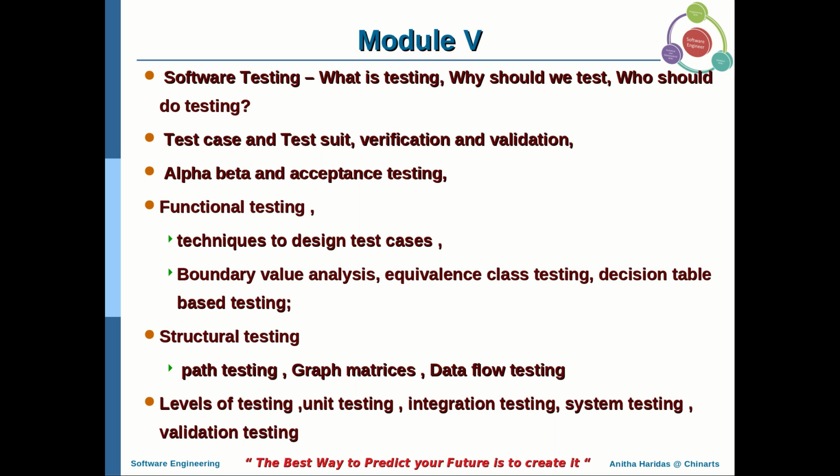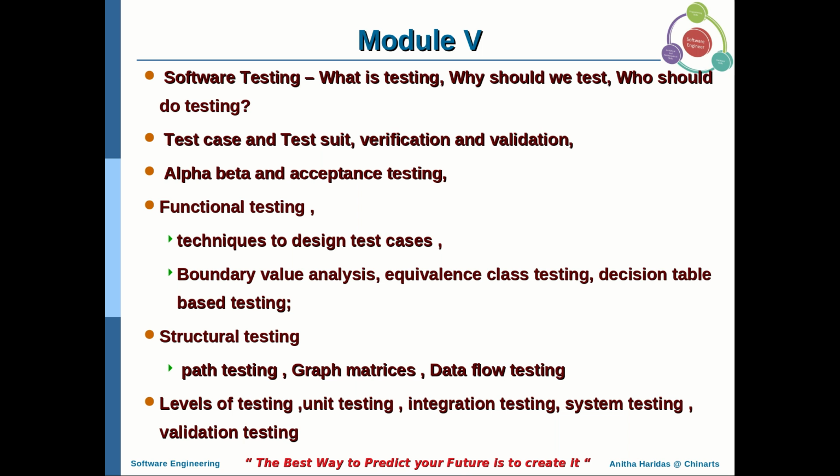Then in the 4th module, we discussed the object oriented approach, in which we discussed the different concepts of the object oriented approach and how to analyze and design using it. Also, we discussed in the 4th module a case study based on the object oriented approach, which is the library information system.